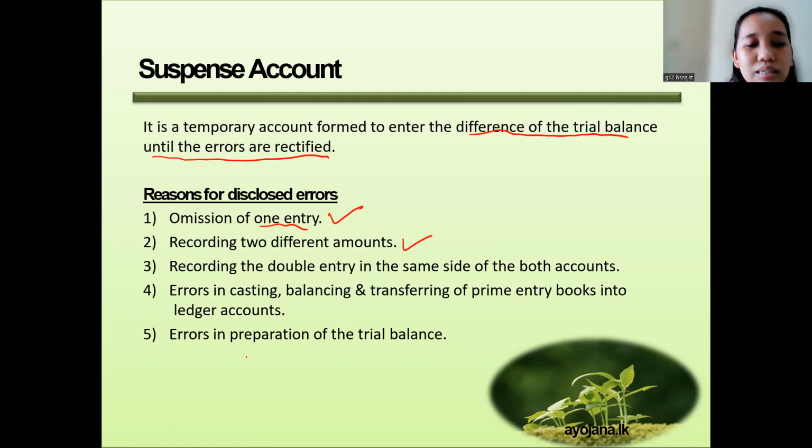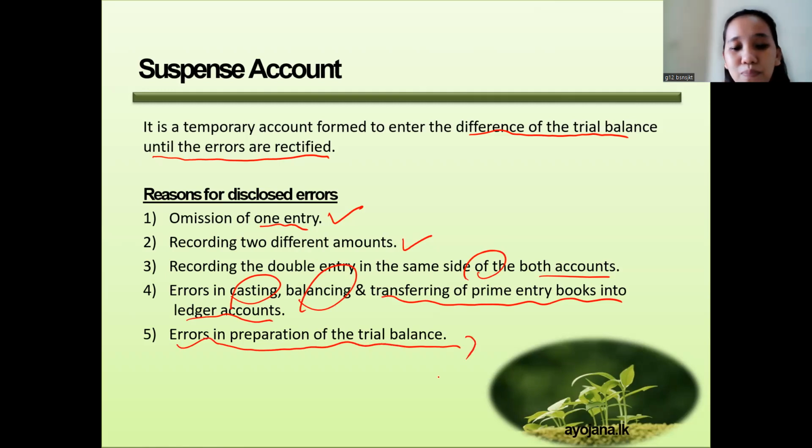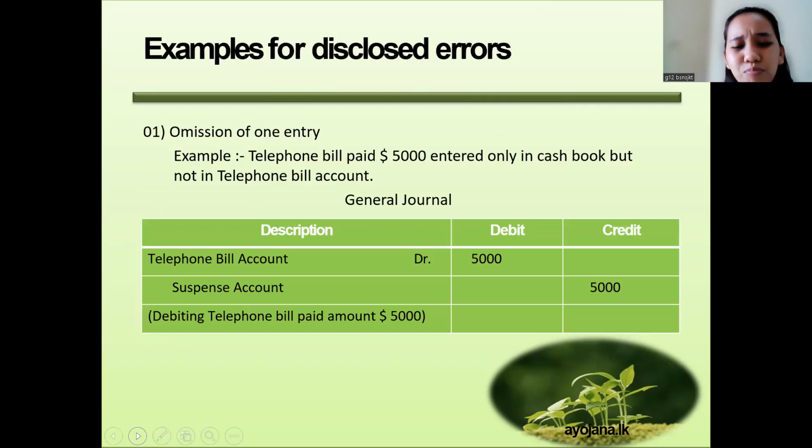Recording the double entry on the same side of both accounts, error of casting, balancing, transferring the balance into the ledger account, and the last one, error in preparation of the trial balance. We just miscalculate, which makes the trial balance not correct. Okay, there are some reasons for that. Now it's time for us to fix this kind of error.